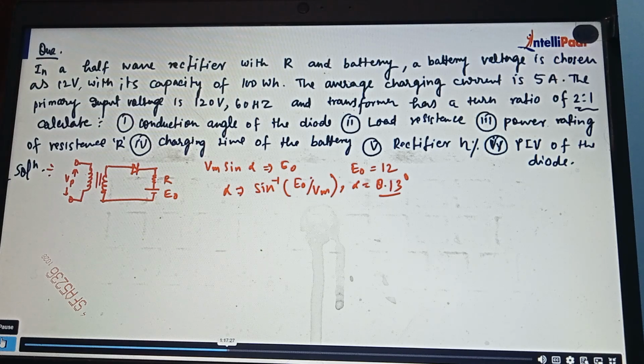Sir, how to calculate alpha? I have some doubts. How do we calculate alpha? Yes. Okay, so alpha, as you can see on the screen, we have Vm sin omega t.